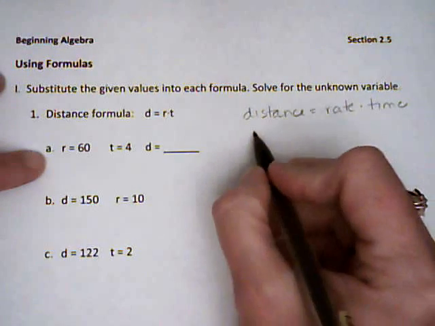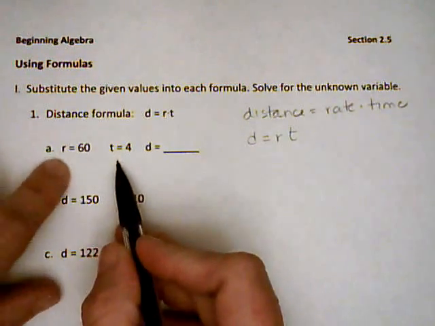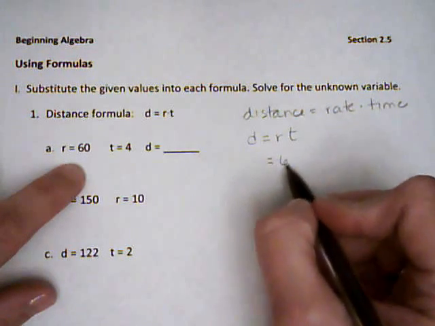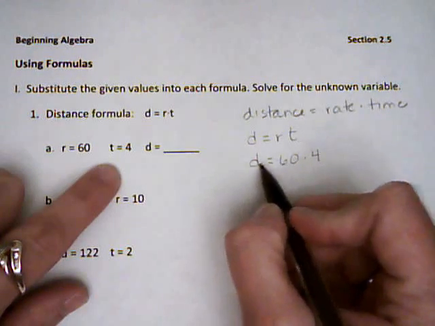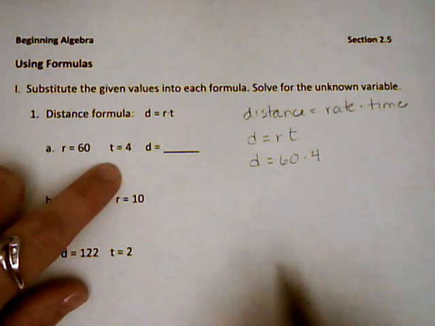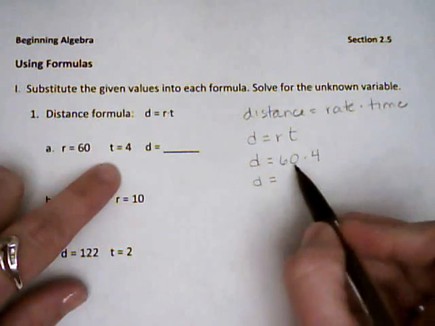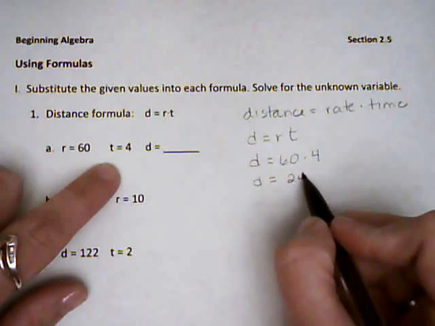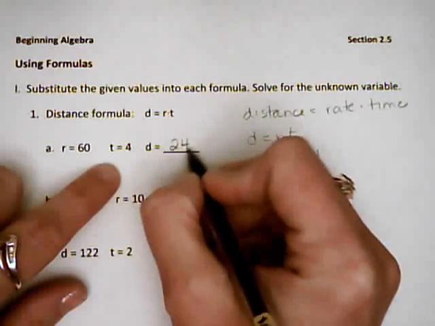You take your formula, D equals R times T, and plug in what's given. R is 60, T is 4, and we do not know D. How would I solve? Just by multiplying. D would equal 60 times 4, which is 240. So D is 240.